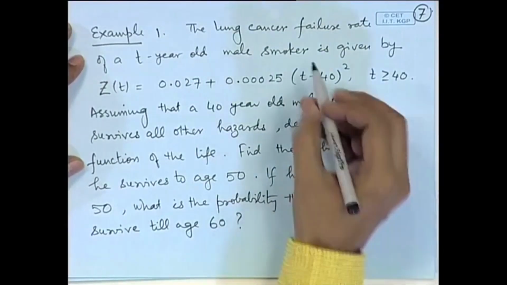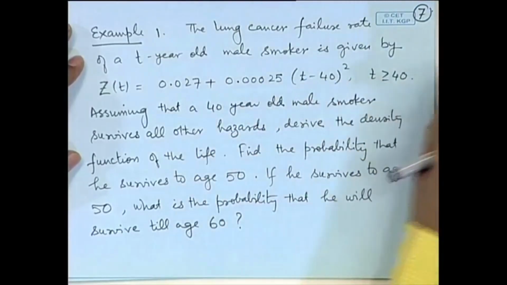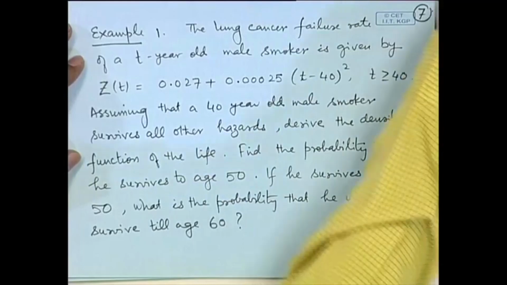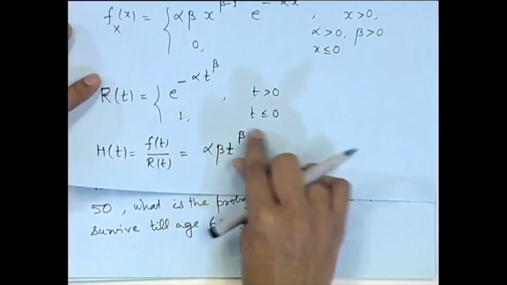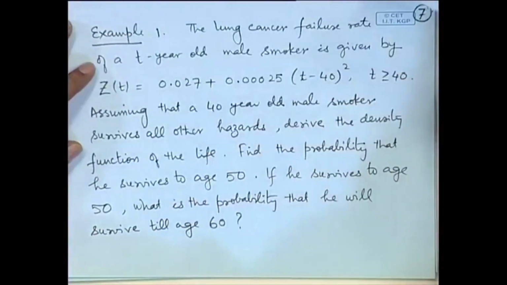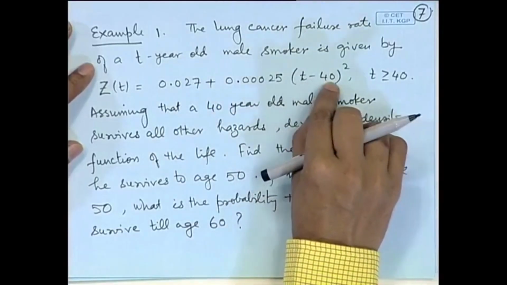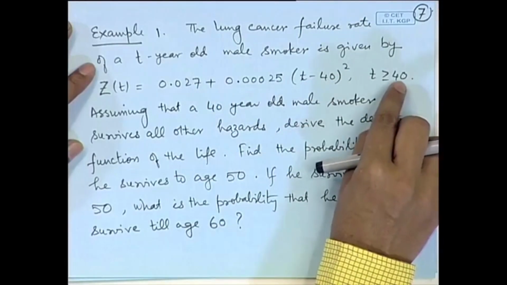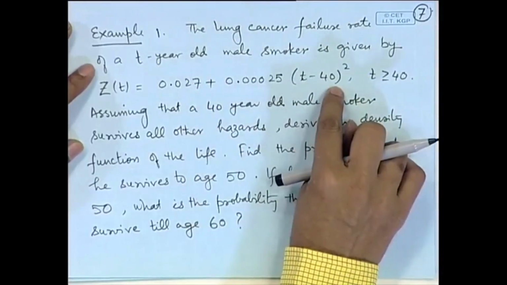So, this is a shifted Weibull distribution kind of thing, because in the Weibull distribution we have seen the hazard rate function is given by alpha beta t to the power beta minus 1, that means, starting from time 0. Now, if you compare it with this, here it is shifted, t minus 40. So, we are assuming that the person is already 40 years old. After that, the hazard rate function is given by this.